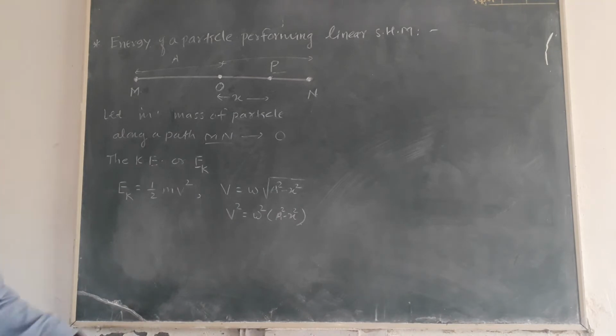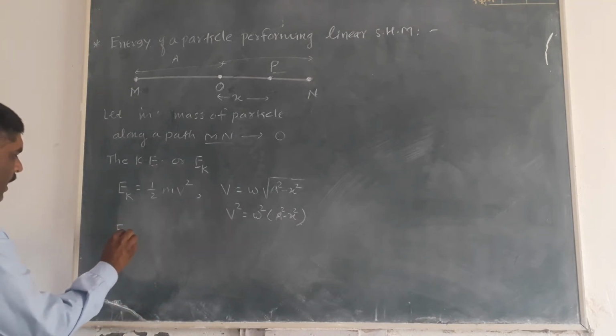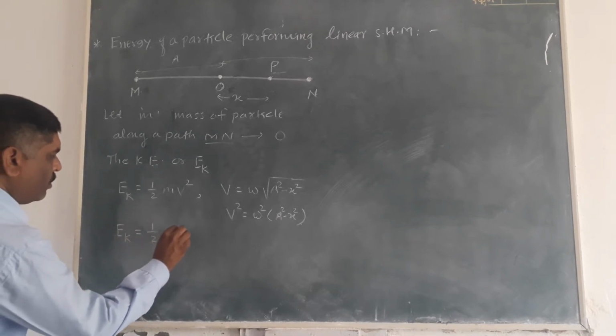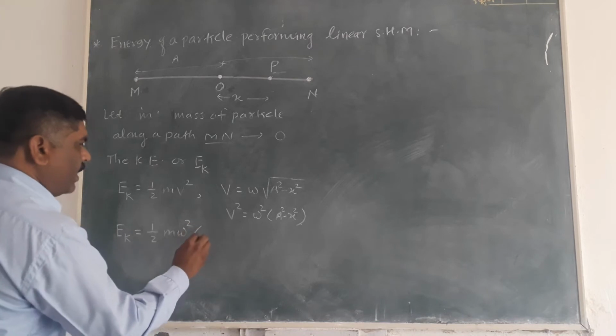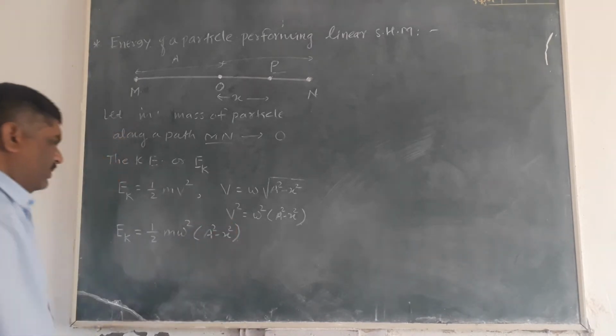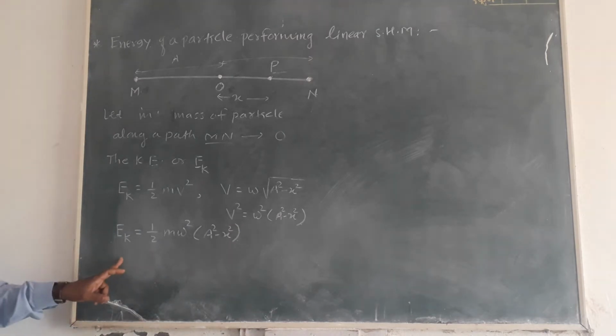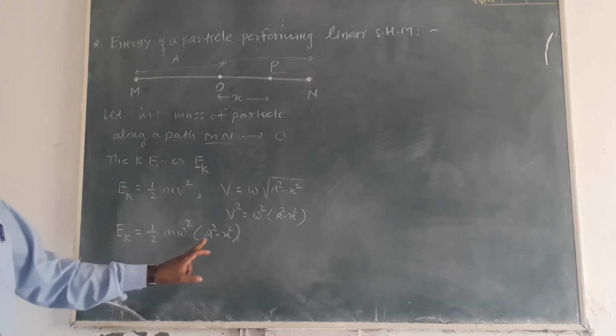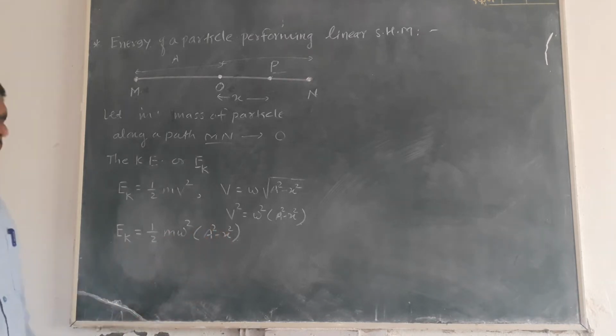Now, using this value, kinetic energy becomes half m omega square into bracket a square minus x square.